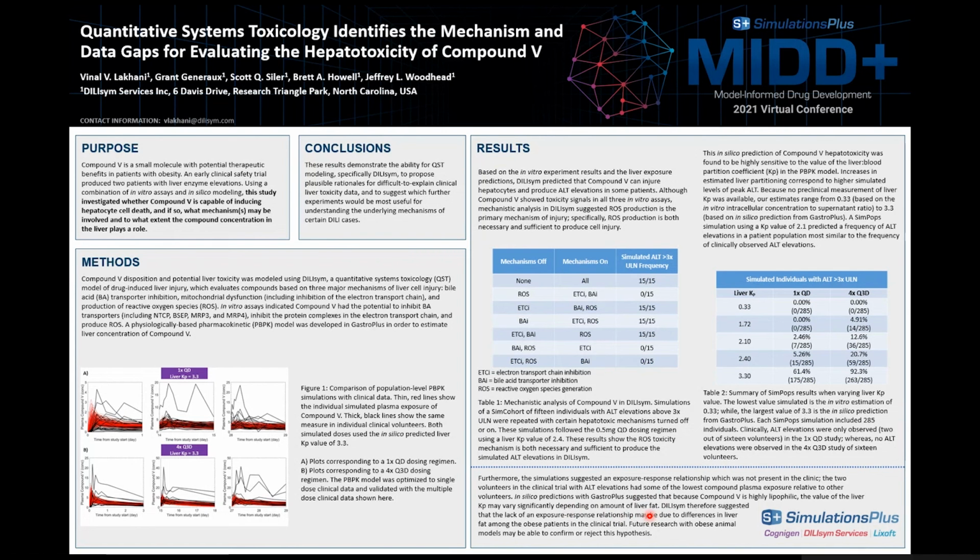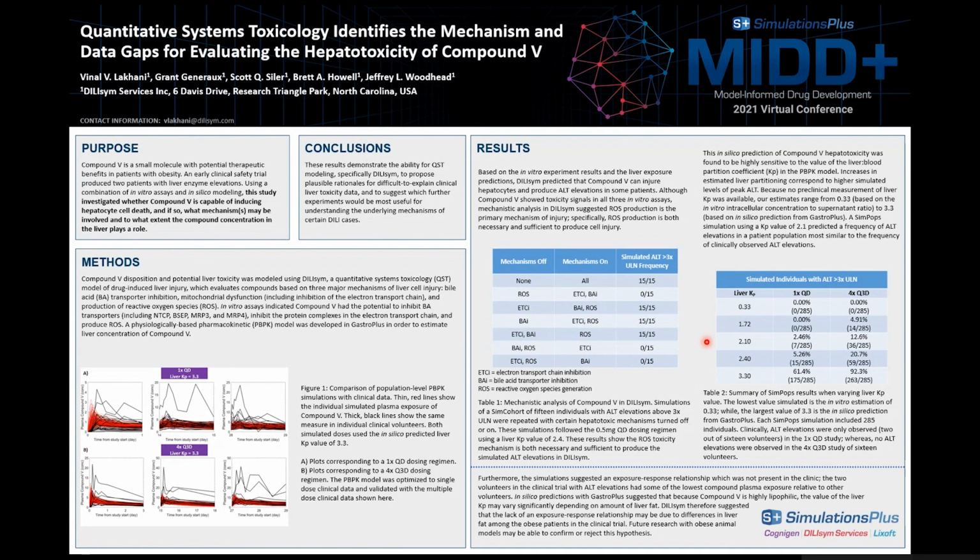And so, in fact, the liver KP value might vary because of that. This compound is lipophilic, and there's a highly variable amount of liver fat in the patients, so that might very significantly affect the liver KP value, which in turn affects the exposure of the liver to this compound, and therefore the potential toxicity.